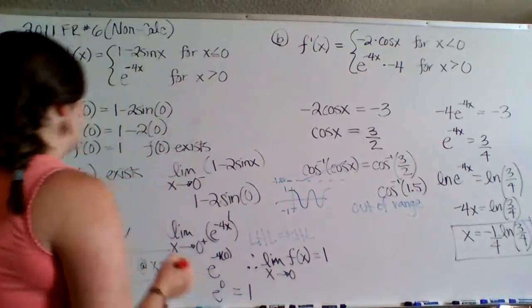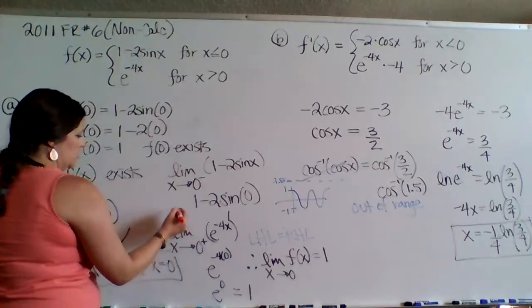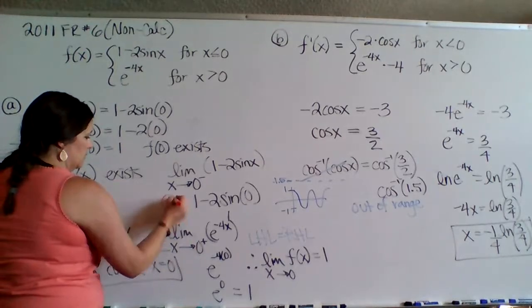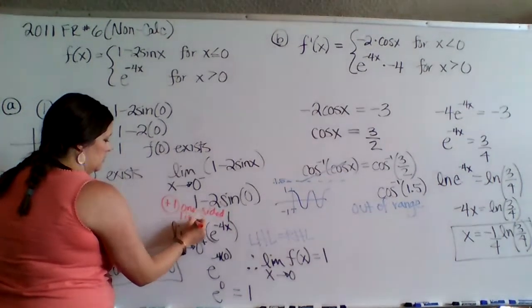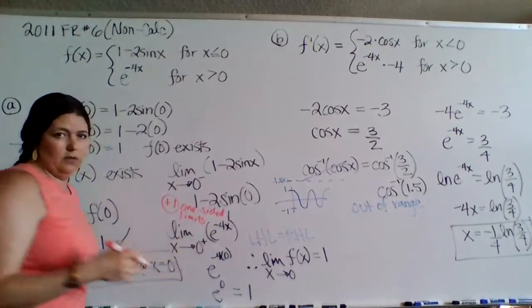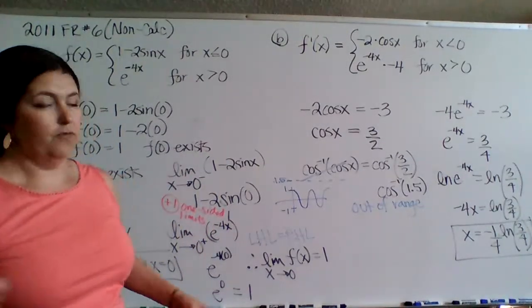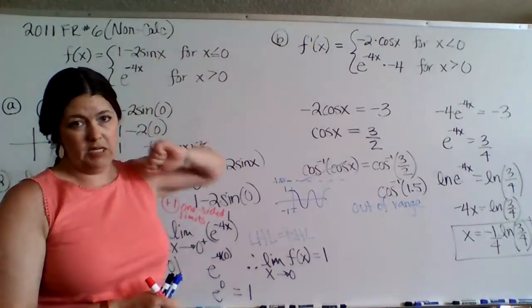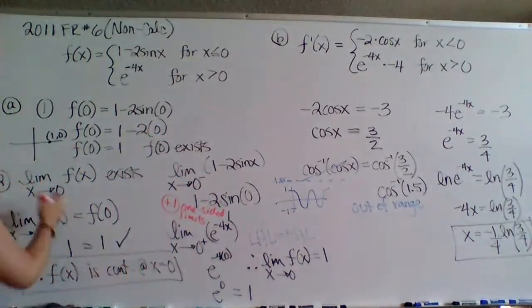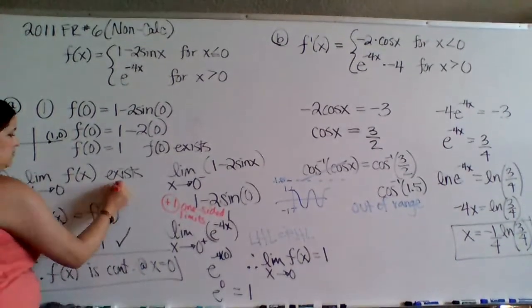So you get 1 point if you knew that you had to do one-sided limits. You knew that you had to do the left-hand limit and the right-hand limit, because when you're finding the limit as x approaches 0, this is where it breaks apart, so you have to approach it from each side individually. And then you get 1 point for the rest of your analysis and answer.